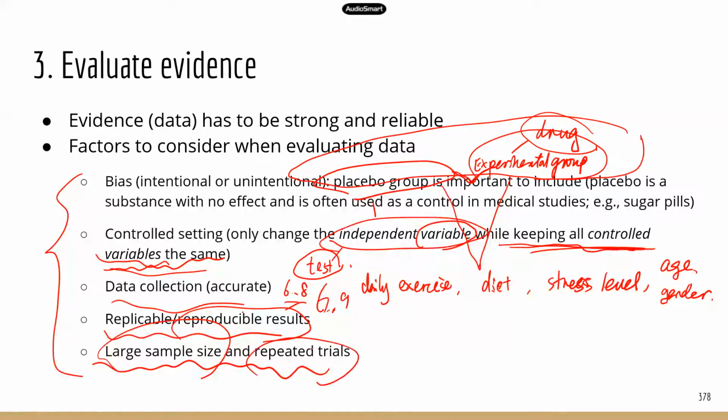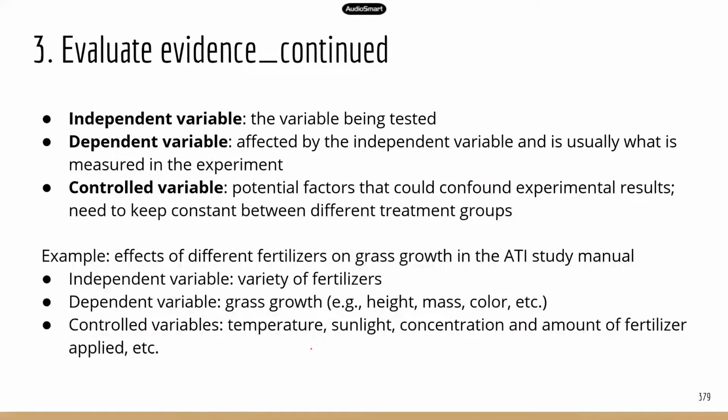Repeated trials, just like a large sample size, can give you a more accurate reading because you're taking the average, right? And then the average is probably closer to the actual value. Okay, now we mentioned a couple of different variables.